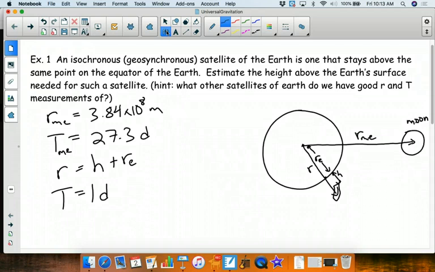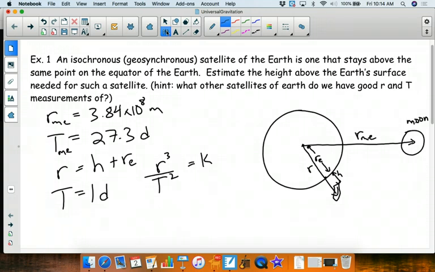Where do we get the height? The height is what we're looking for. That's how high it is above the Earth. Okay, what do we do now? What do we know about Kepler's third law? Period squared. So what does it say? R cubed over T squared is constant, right?